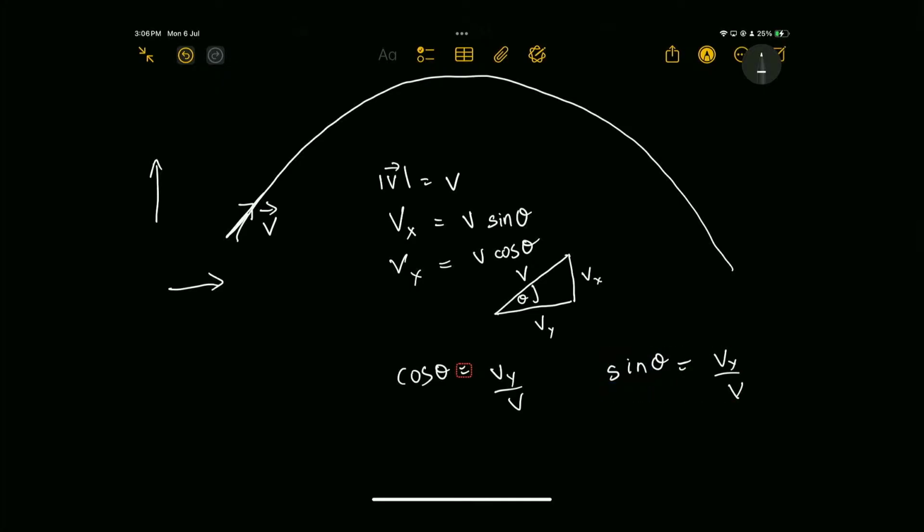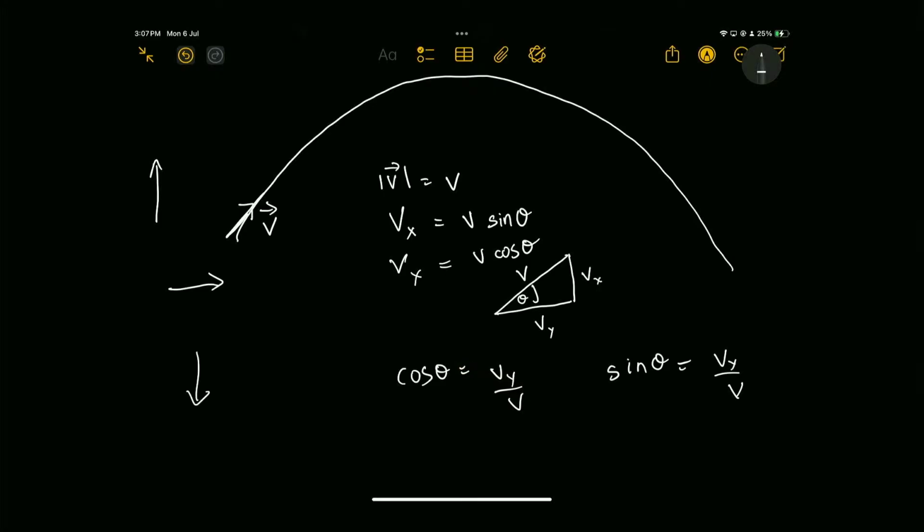So by separating this velocity into the horizontal and vertical components, we can apply the equations of motion to the vertical direction and the horizontal direction. Now, in projectile motion, what we need to remember is that in the vertical direction, there is always the acceleration due to gravity, and that points downwards.